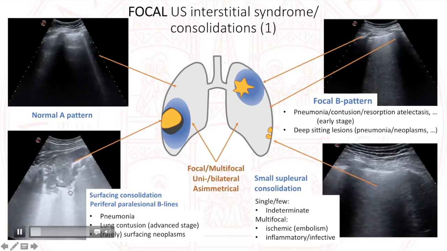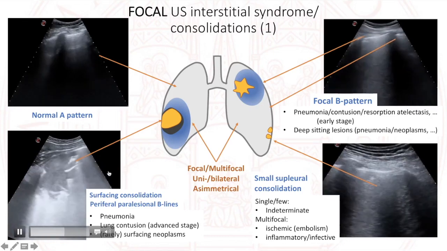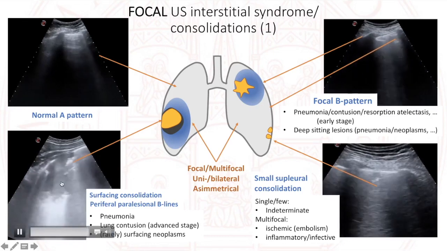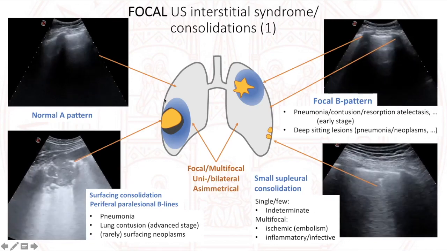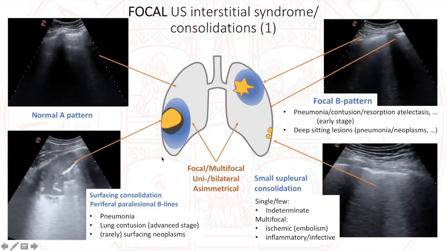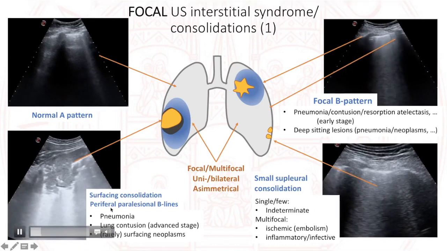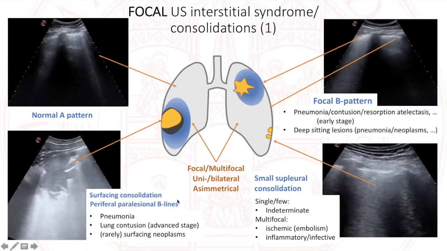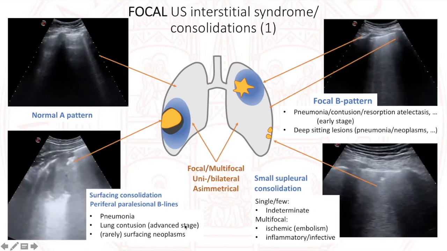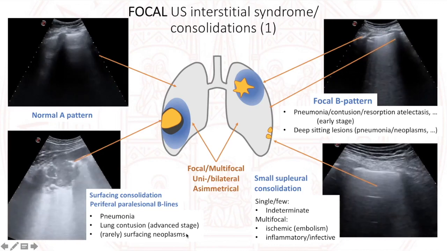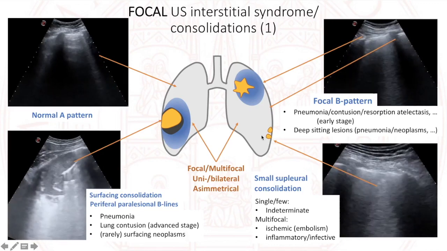You see a consolidated area of the lung, which is caused in this case by pneumonia, and the B lines, interstitial syndrome around it. It could very well be also a lung contusion in the advanced stage, or rarely a surfacing neoplasm.